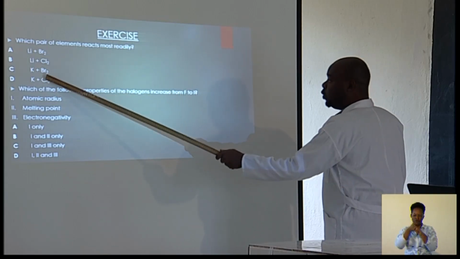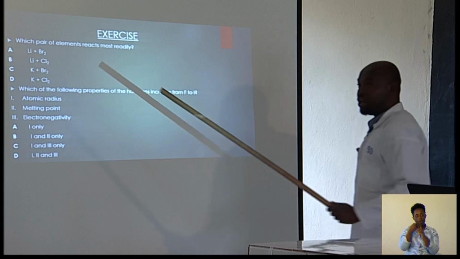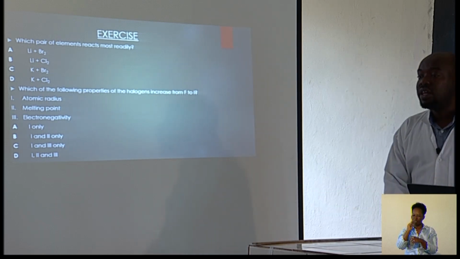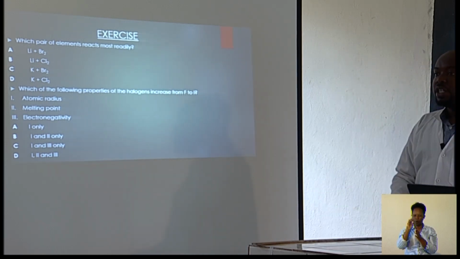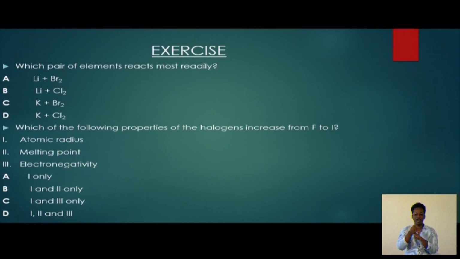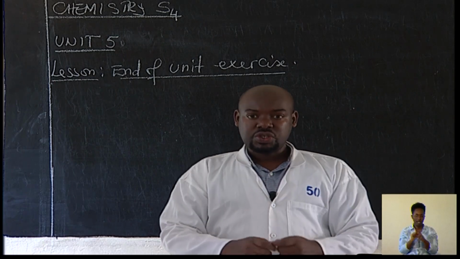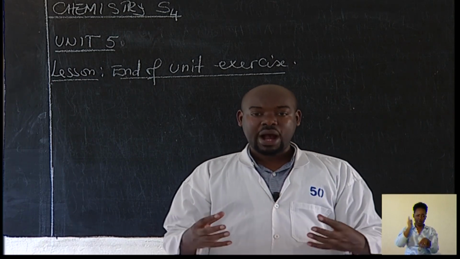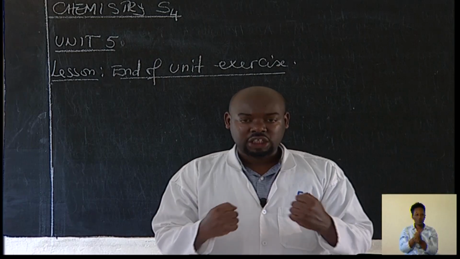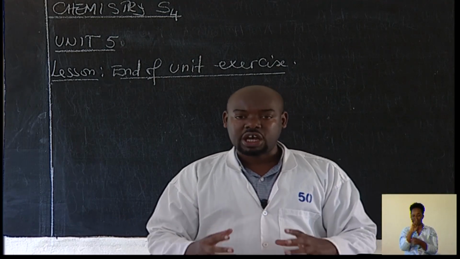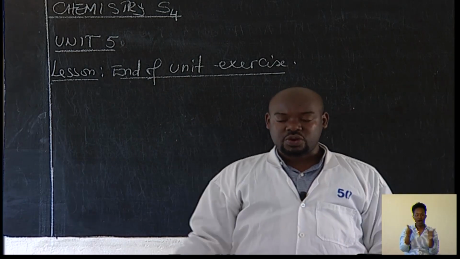Now we have to check between bromine and chlorine which one has the higher ability of gaining. Remember, in non-metals, the gaining ability reduces as you go down the group. Why? Because the nuclear attraction is becoming weaker and weaker as the size increases.